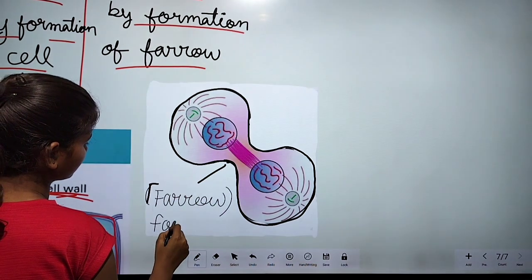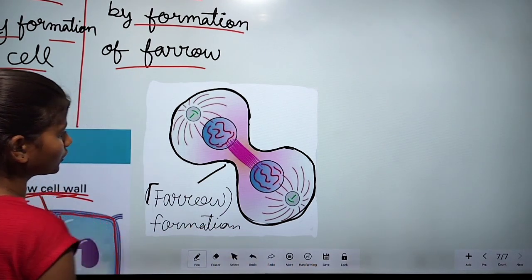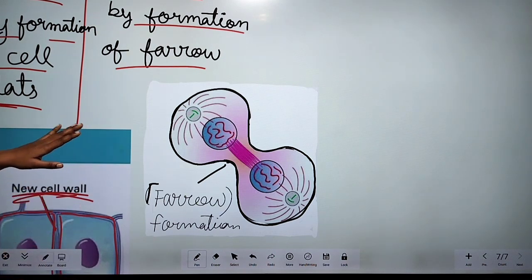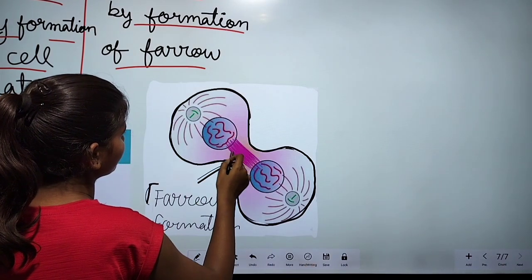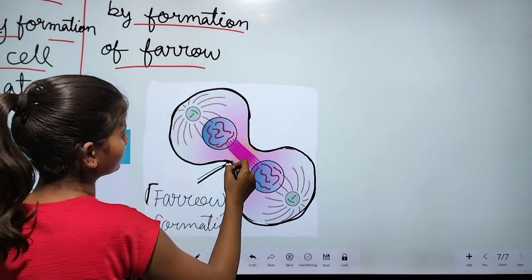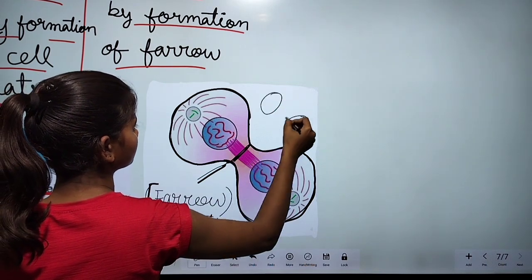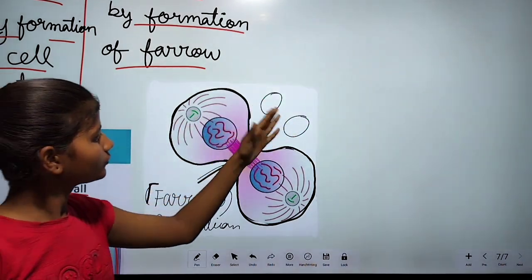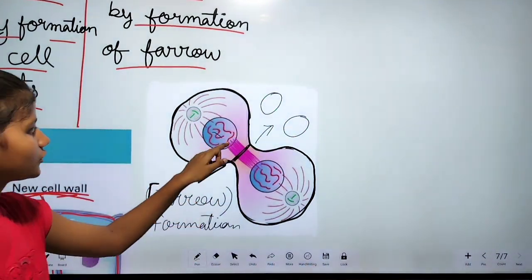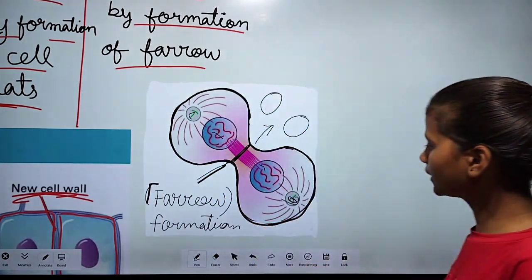Animal cell divides by the process of furrow formation. It divides into two cells. Both are new cells. This one is the nucleus and this one is the centromere.